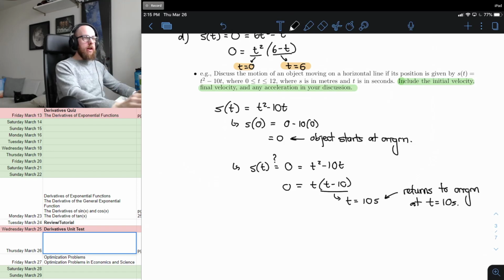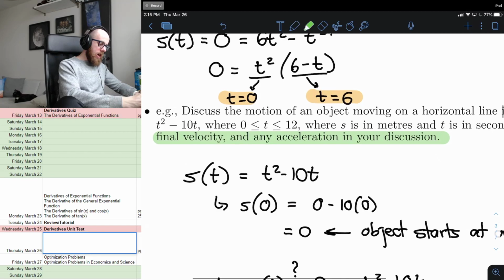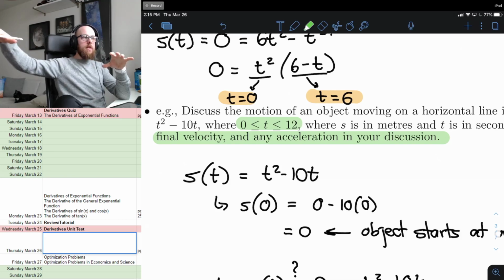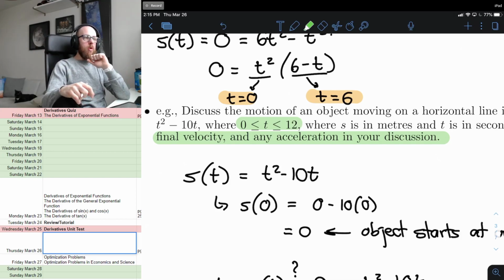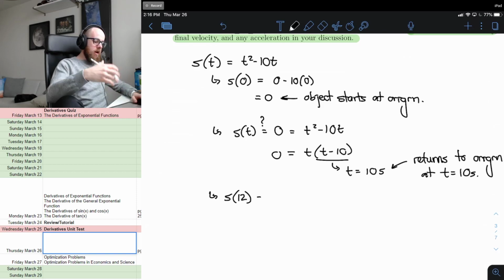One other thing we could calculate, if you notice in the question, we're given an interval over which this particle is moving. We're essentially starting our stopwatch at 0 seconds, letting the object do something, and then stopping our stopwatch at 12 seconds. So we can also figure out our final position, s at 12, where the object ends up at the end of the experiment.